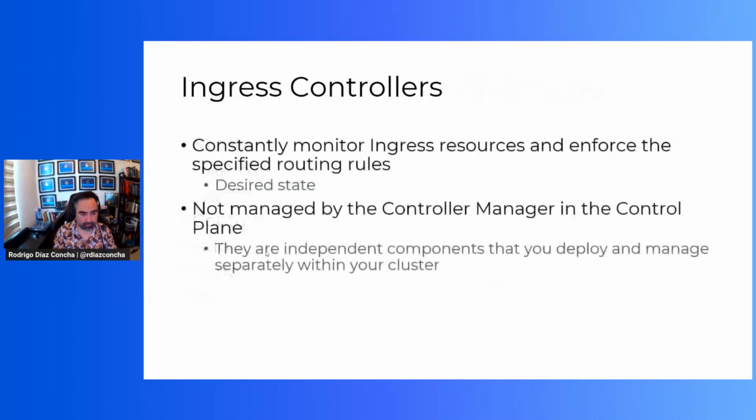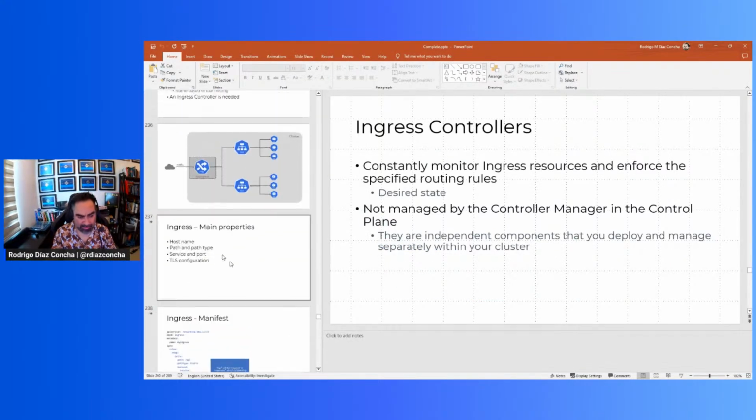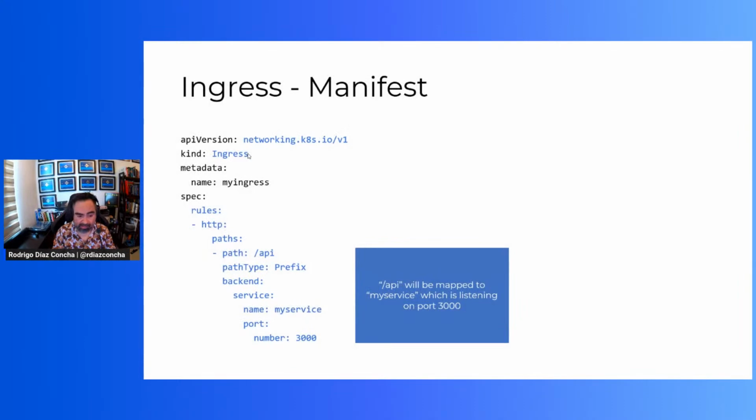So, as a summary, you have both Ingress and Ingress controllers. The Ingress controller is the one that is gonna make sure that the desired state is fulfilled. And then you create Ingress objects by using a manifest file. I believe there's an imperative way of doing this.